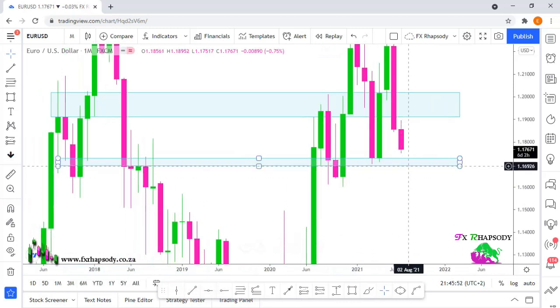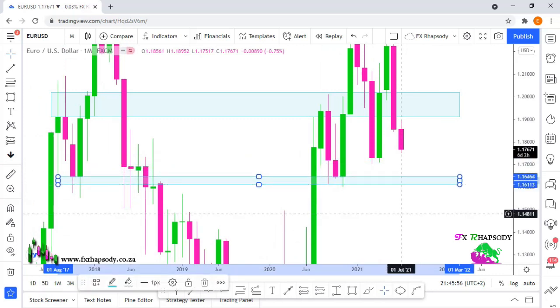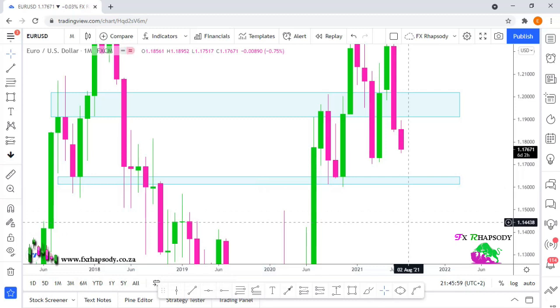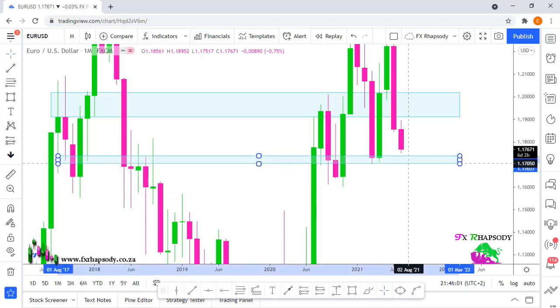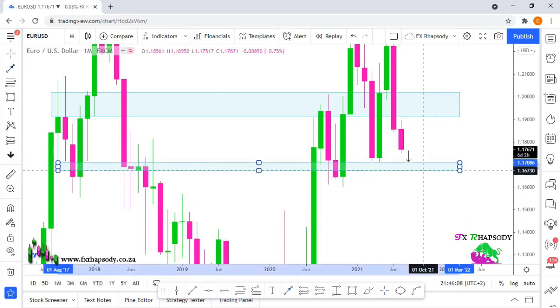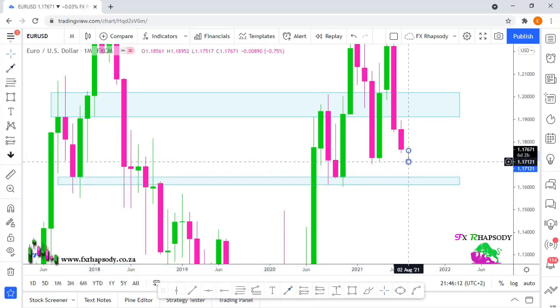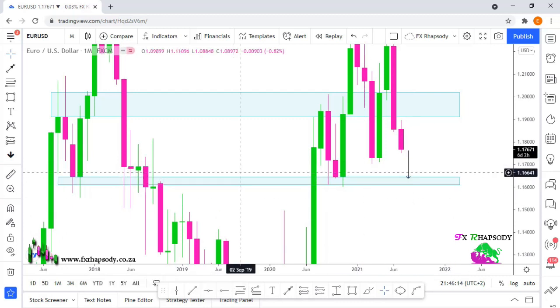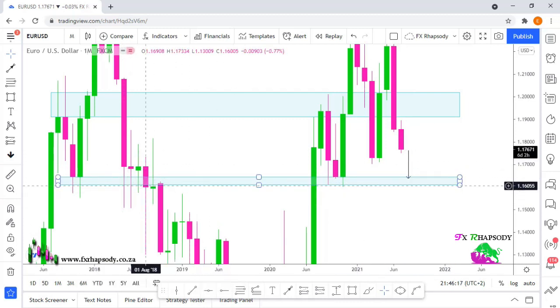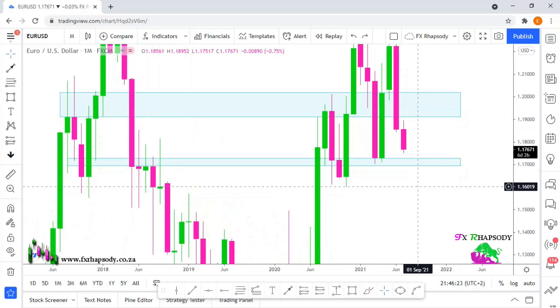And then, if it breaks that, going to that second support area over there. Those will be our two targets that I see price going towards. These are big areas of support on the monthly time frame, so let's keep an eye out for them.